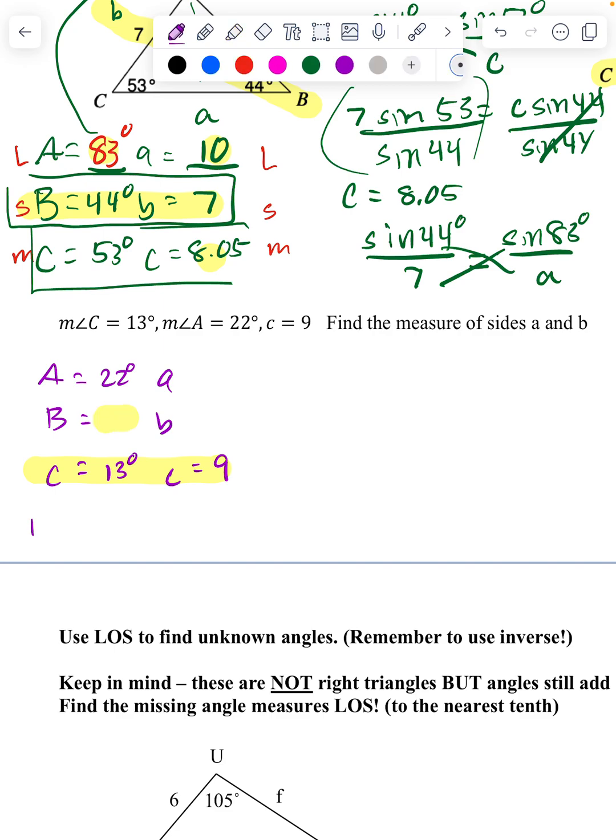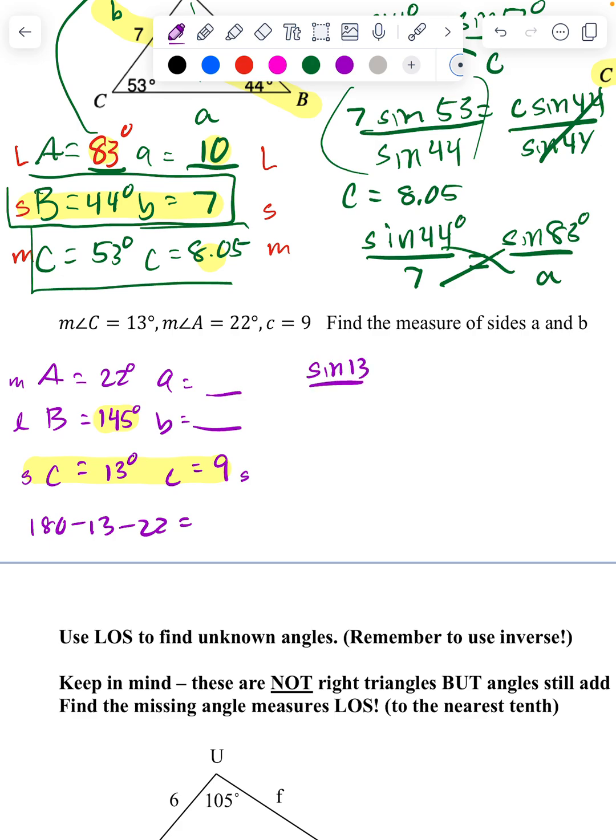So if I have 180 minus the 13 and the 22 that I already have, then B is going to turn out to be 145 degrees. Again, this will turn out to be my shortest, my middle, and my longest length when I'm done. So this should be my smallest number. Let's set it up.